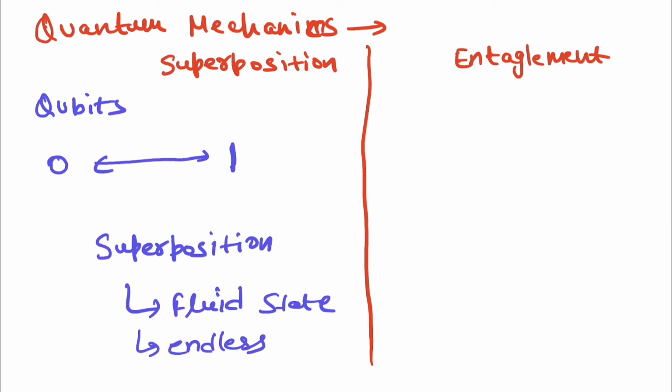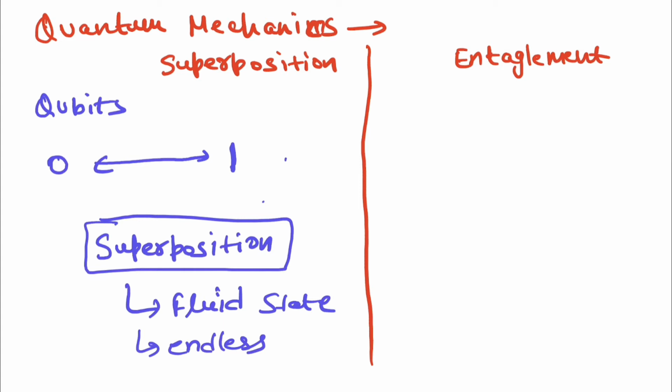You can have limitless permutations or combinations of different states in between 0 and 1, and this concept is called superposition. And this is one of the properties in quantum mechanics, that your state could be fluid, your state is not binary, your state is not static, it's a fluid state.